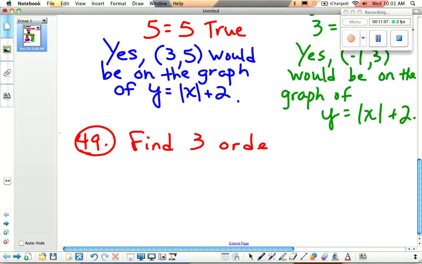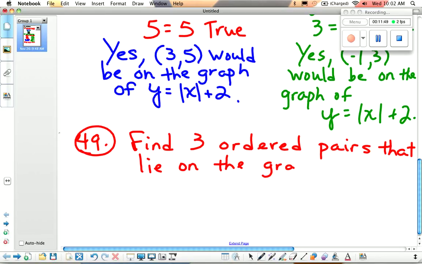Oh, not an absolute value one. It's y equals 1 1/10 x plus 2.